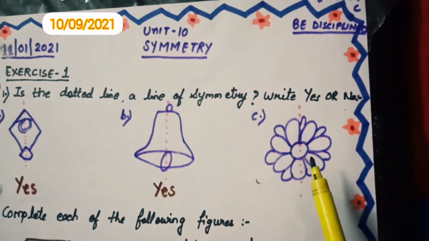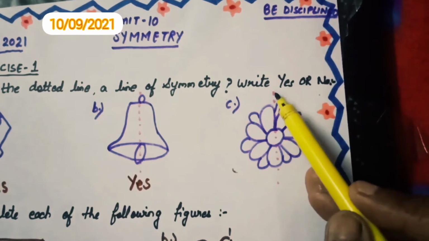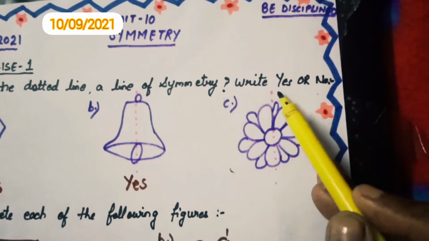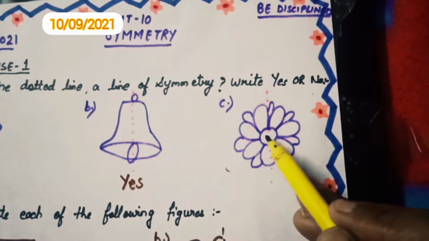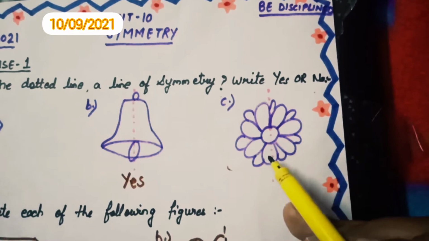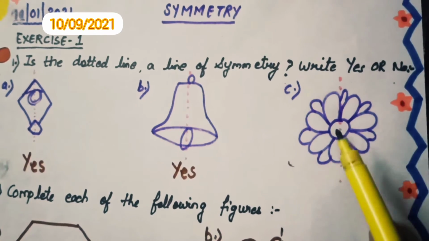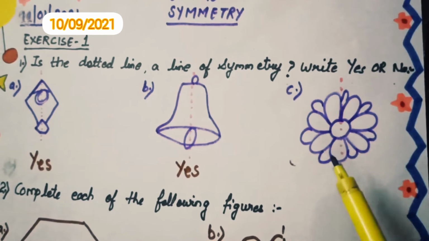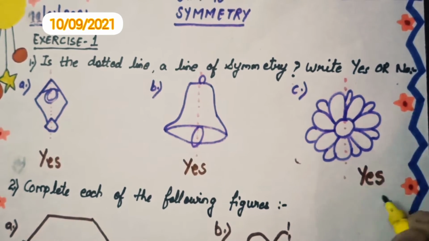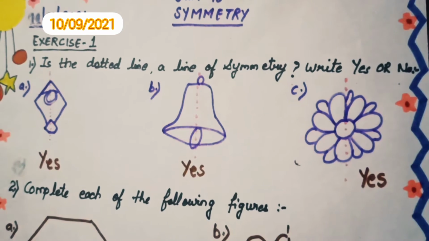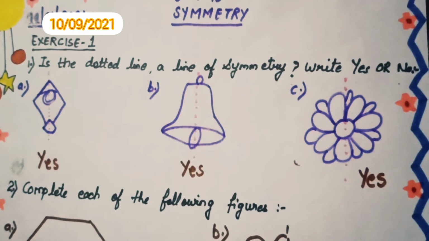This is a flower, okay, and the line given over here is this, and we have to just imagine or check whether this line is a line of symmetry. It means whether this line is dividing the whole figure into half or not. Yes, this line is dividing, it is a line of symmetry. So this is how we have done question number 1.